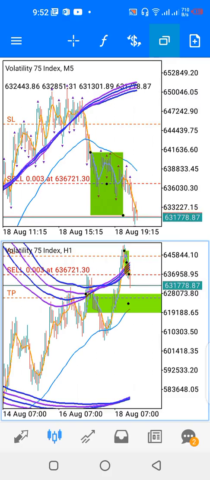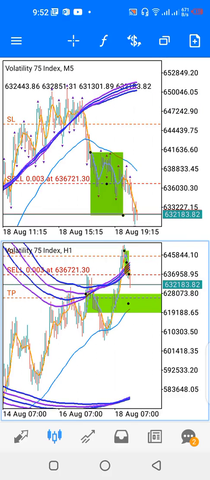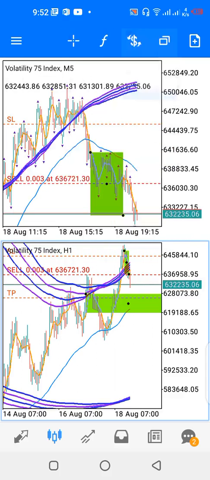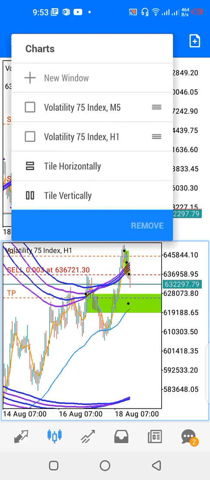You click on the window. It pops up the charts, and from here you can click the new window to divide the window into two. If you want to reduce the window into one, you can just highlight the one you want to remove and click the remove button on the blue panel below.